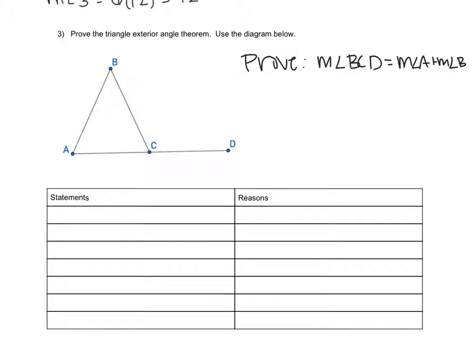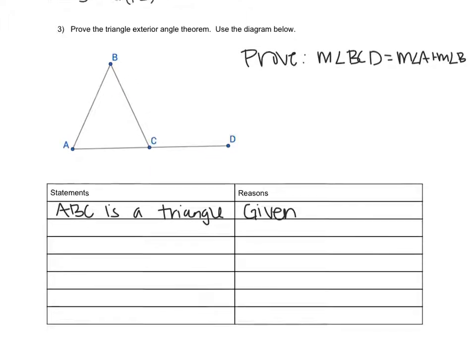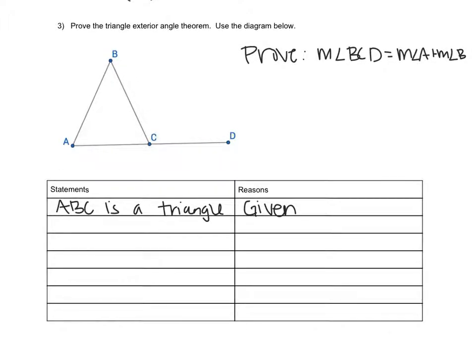So our first statement is going to be that ABC is a triangle. That is going to be our given information. It allows us to make a couple assumptions that are really important. The first one being that because our triangle ABC is a triangle, it tells us what the sum of the interior angles has to be.